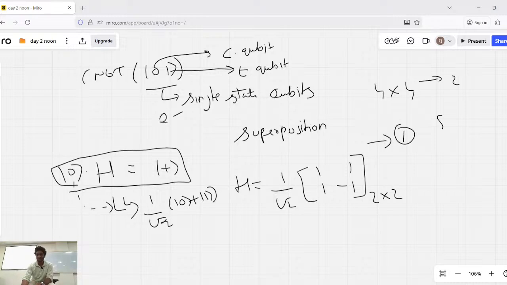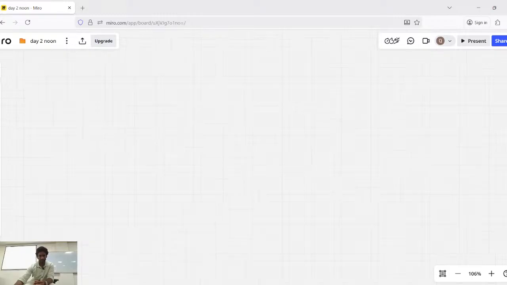When you perform 8 cross 8, you are using 3 qubits. So it all depends in this way: if the matrix size is 2 power n, you are using n qubits there.